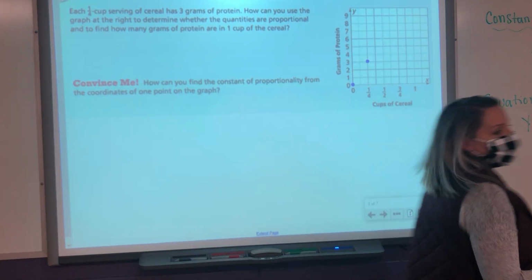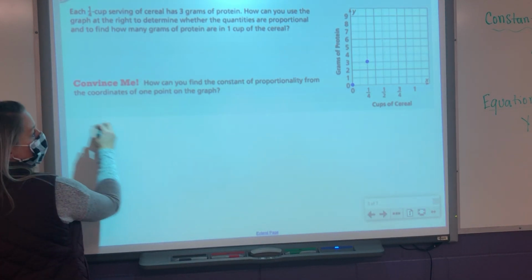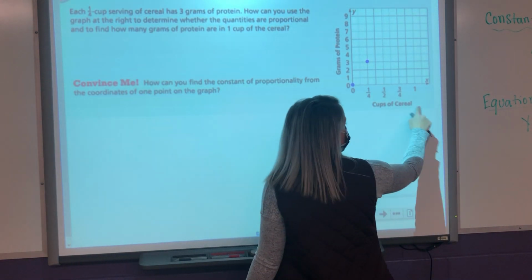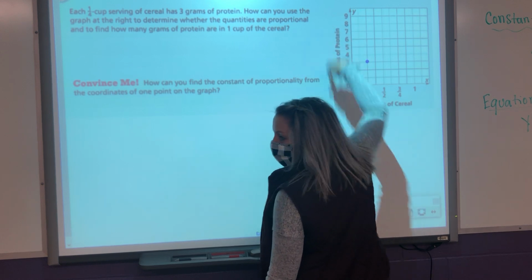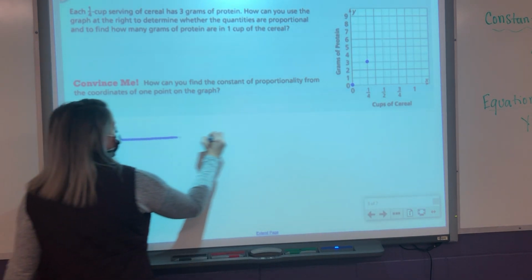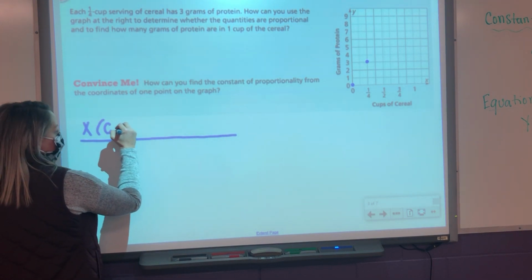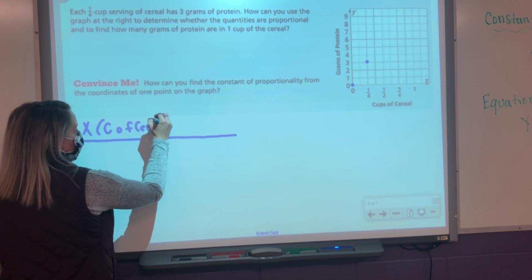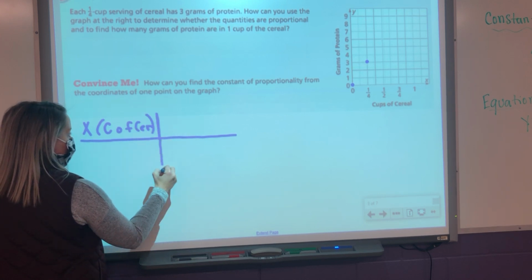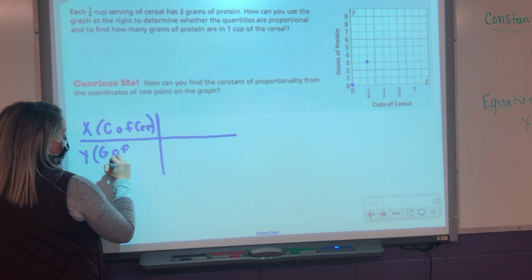Okay, so why do you think that? So hold on, let me draw a table. All right, so our x value is cups of cereal, and then our y value is grams of protein.